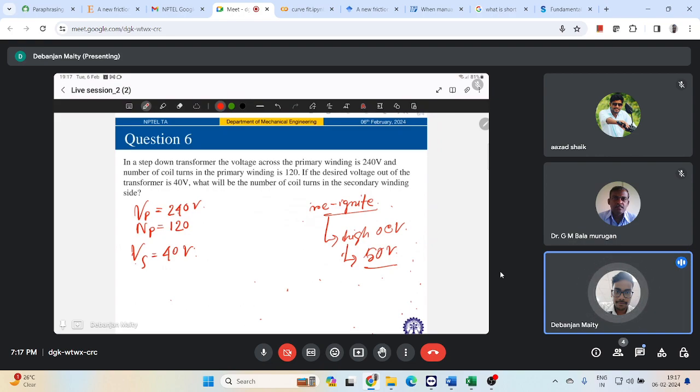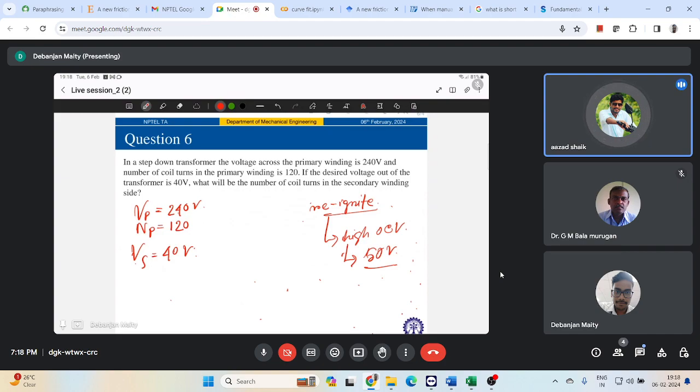So what will be the number of coil turns in the secondary winding side?